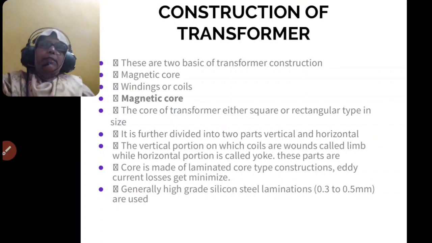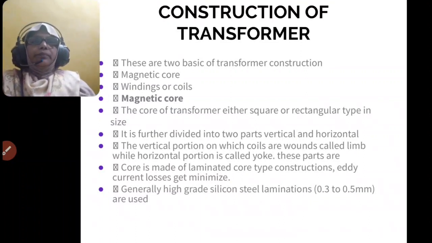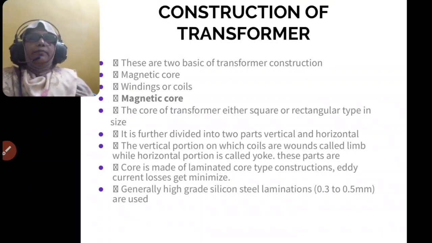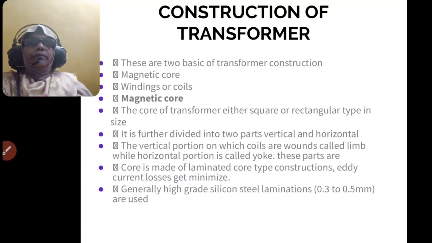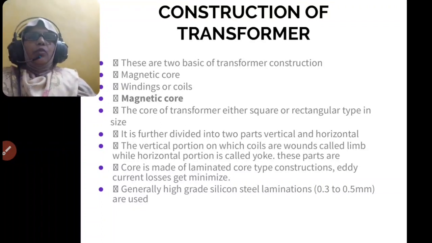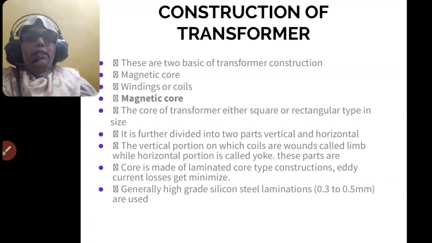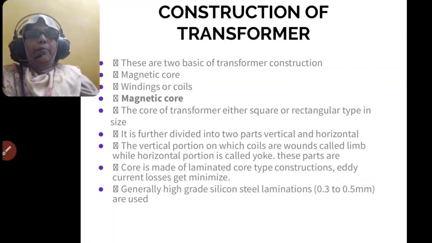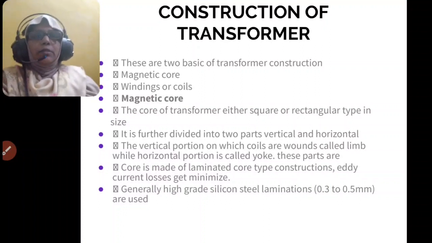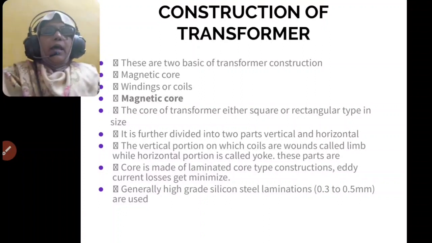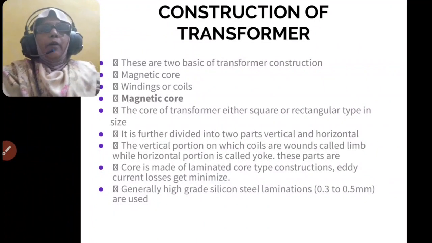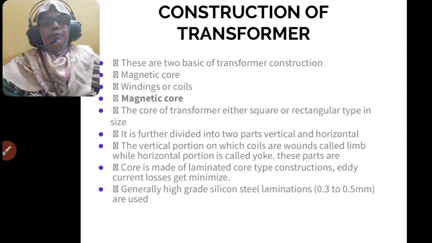In this construction, as I said, the magnetic core is nothing but an iron core. It is made up of high silicon steel which has high permeability and low hysteresis loss. This iron core is made up of laminated strips.